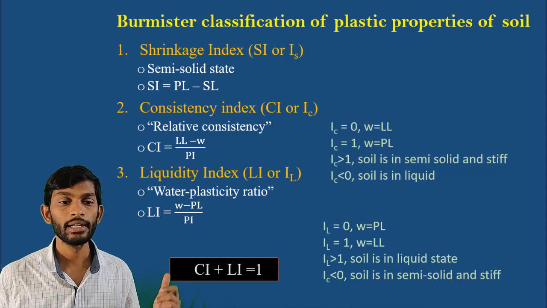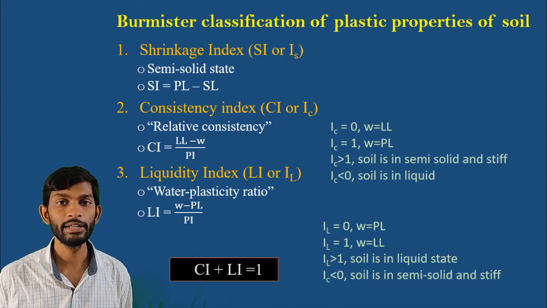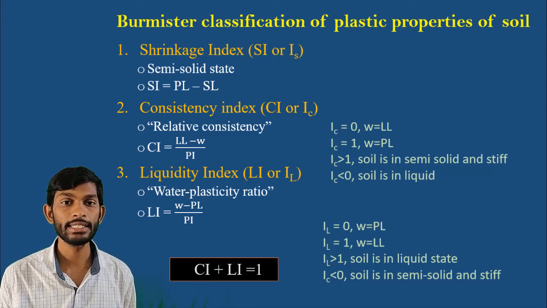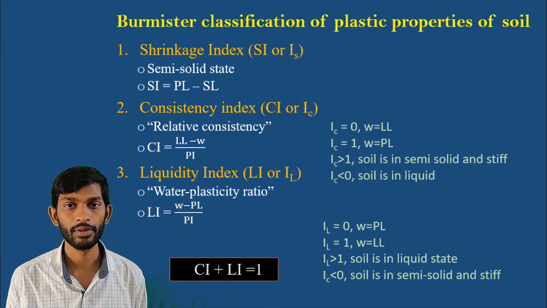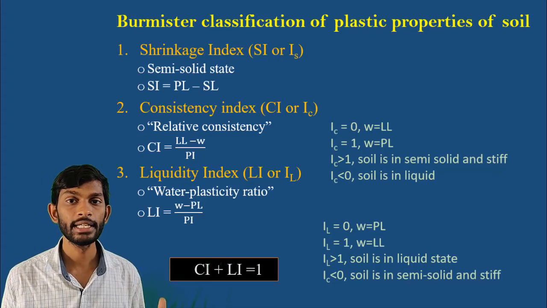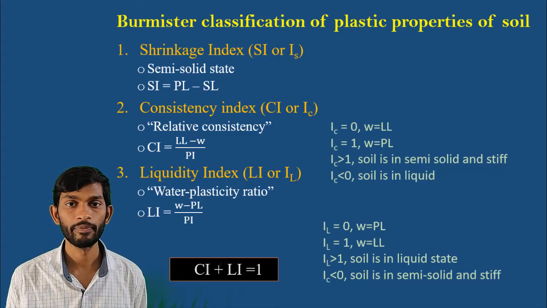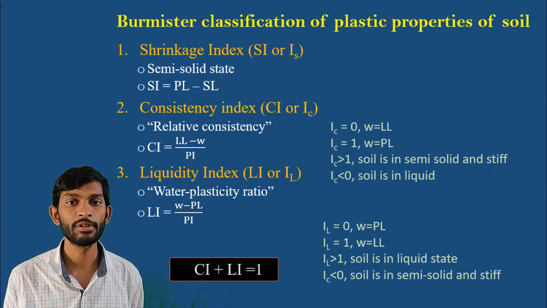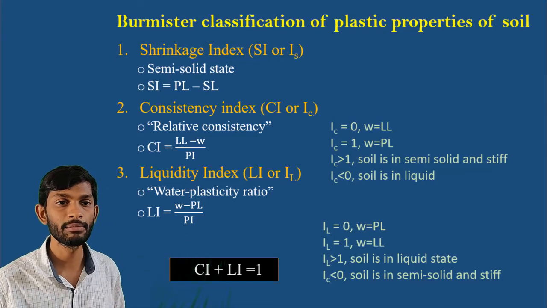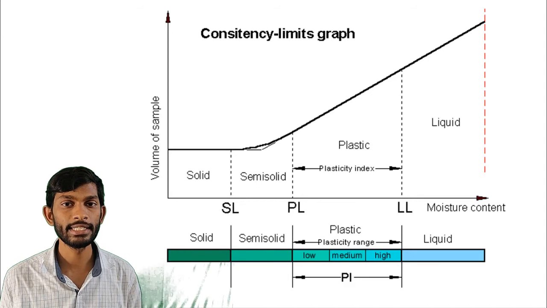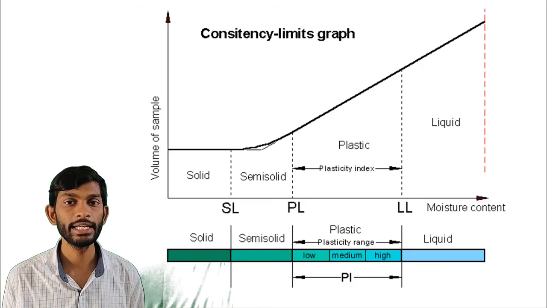Remember, the consistency index plus the liquidity index is always equal to 1. These are the different Burmister classification of plastic properties of soil: shrinkage index, consistency index, and liquidity index.